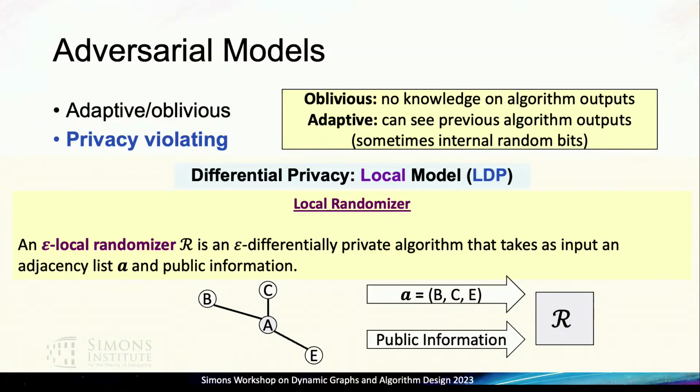What this epsilon local randomizer takes as input is an adjacency list, which is private, so its own adjacency list, and some public information, and outputs privatized answers. So the neighboring inputs in this case are the adjacency lists. A neighboring input is an adjacency list that differs in exactly one bit.